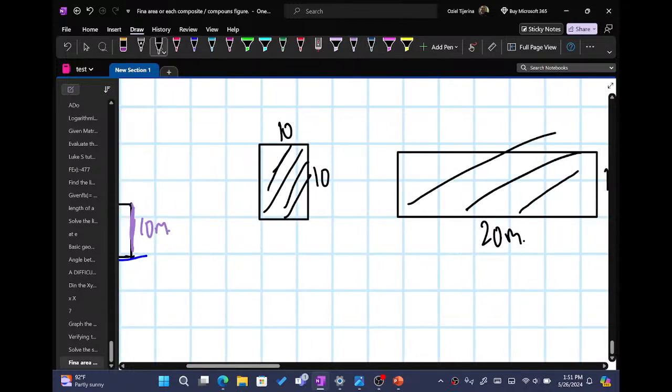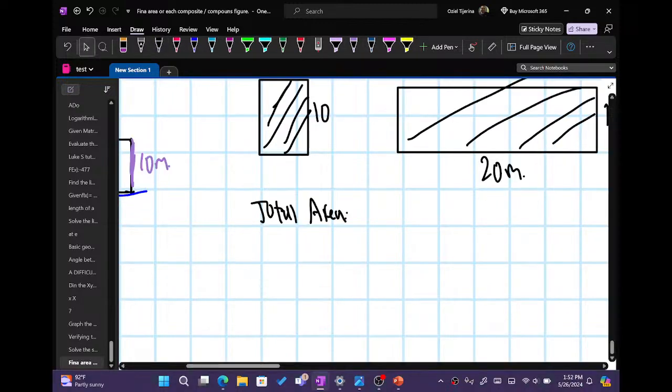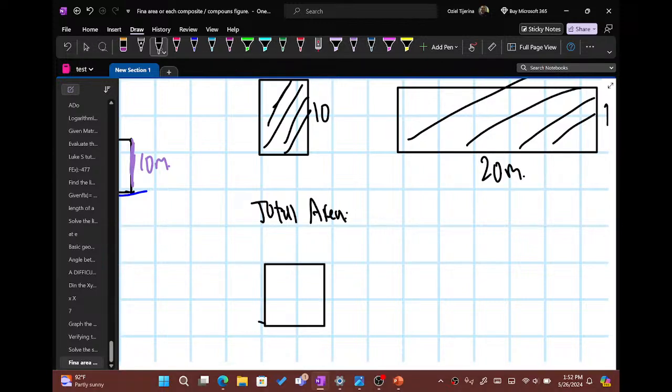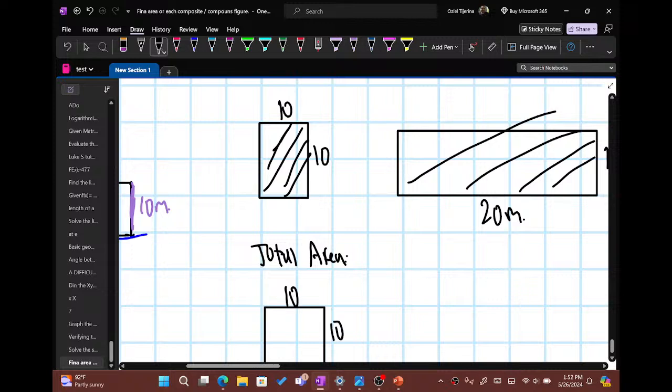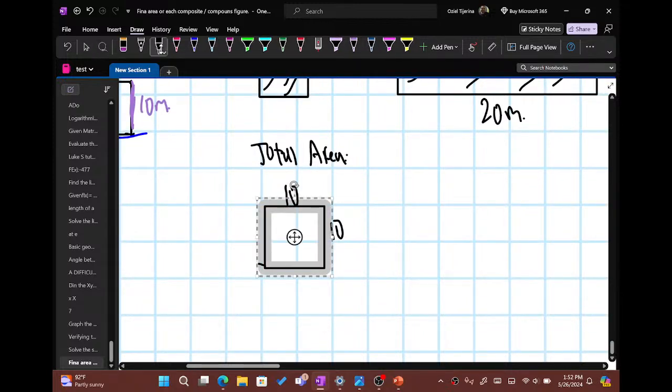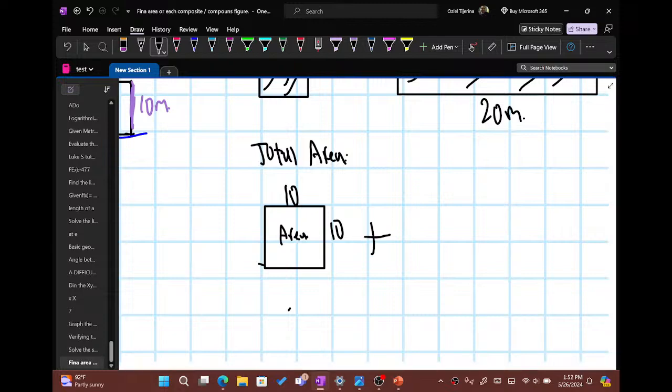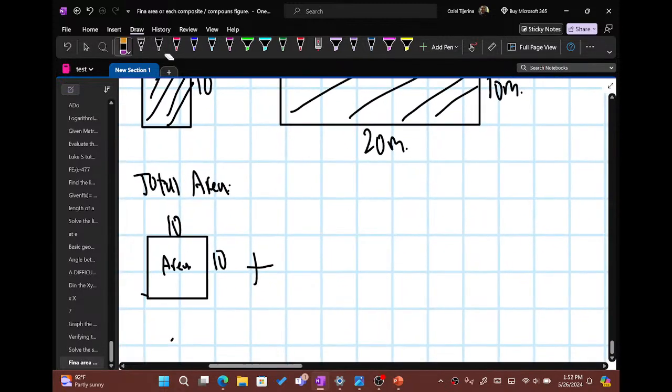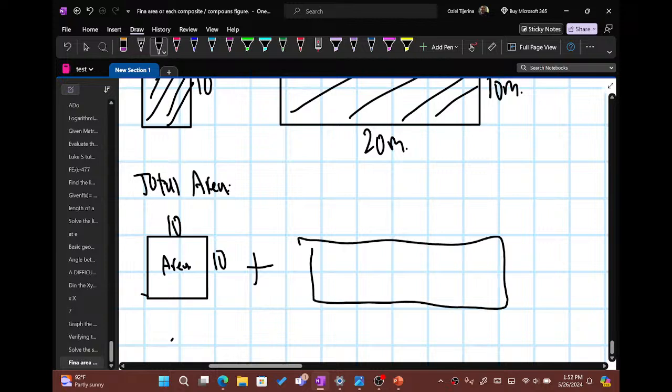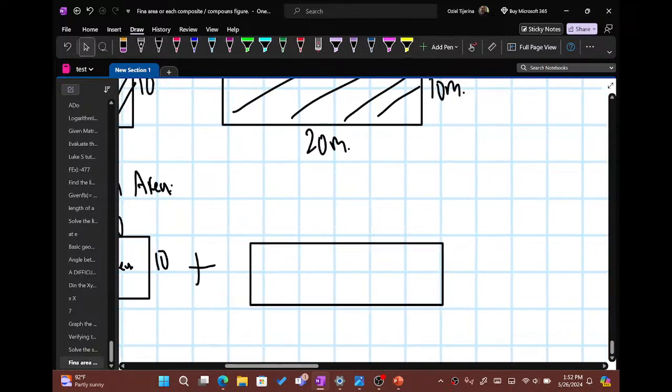So we're dealing with this as well. So we're basically saying that the total area is the area of this rectangle plus the area of this.